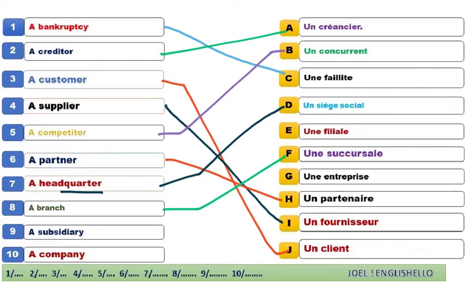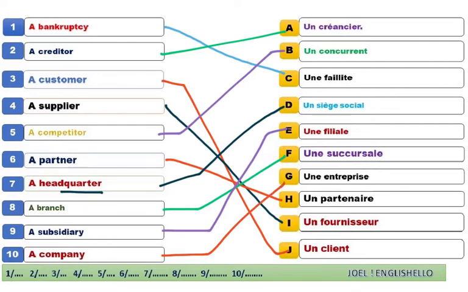Okay, elle dépend d'une maison mère. And a subsidiary here, qui est une filiale, qui, elle, par contre, est indépendante. All right, à sa propre direction. A subsidiary. A company, une entreprise. A company, a business, une entreprise.